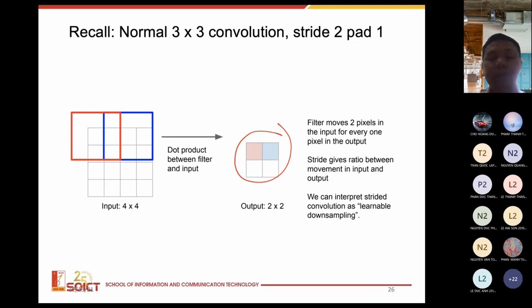Because the output after the normal convolution with stride 2 reduces the input size, we can interpret the strided convolution as learnable downsampling, because the weights of that convolution are learned during the training.